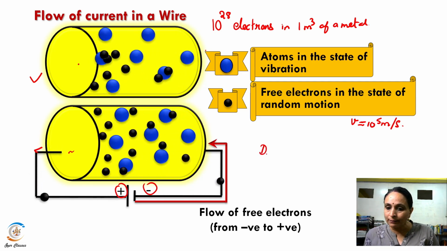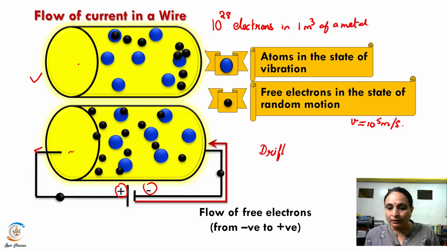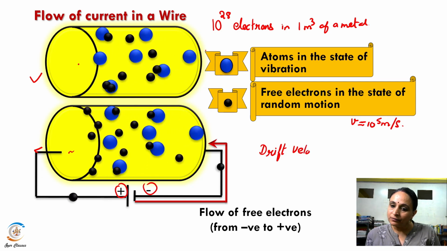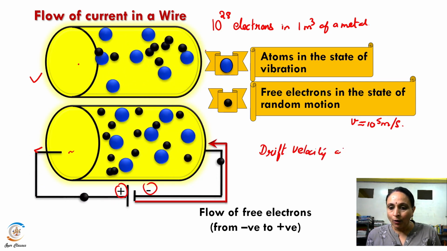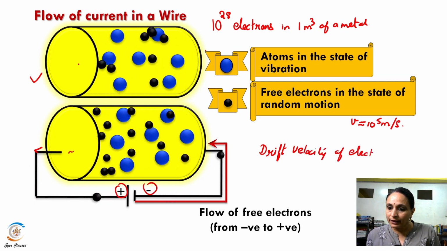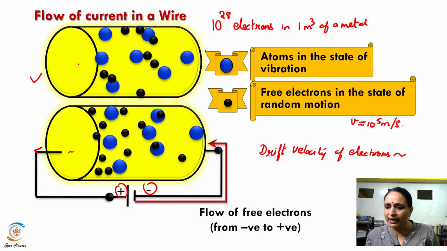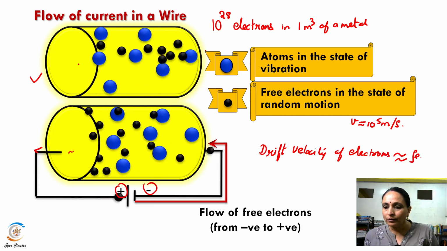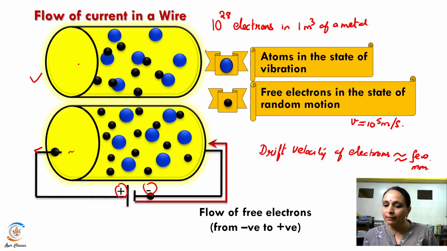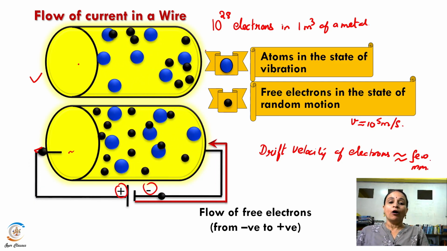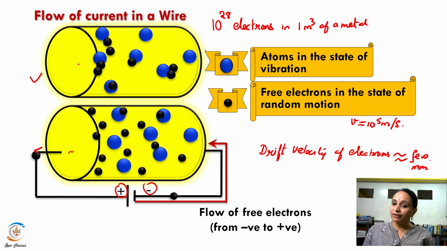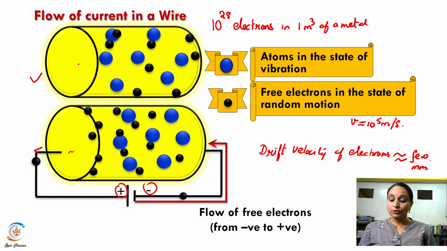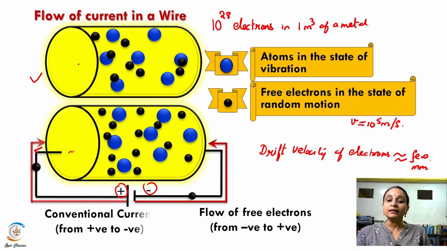The drift velocity of electrons will be approximately a few millimeters. और ये सारी जो इलेक्ट्रॉन जब वायर में फ्लो होते हैं, this is called the electric current.